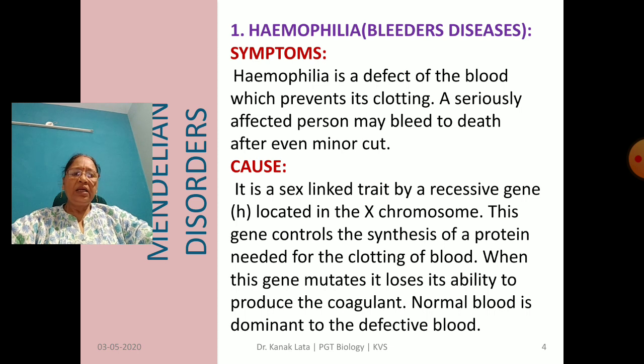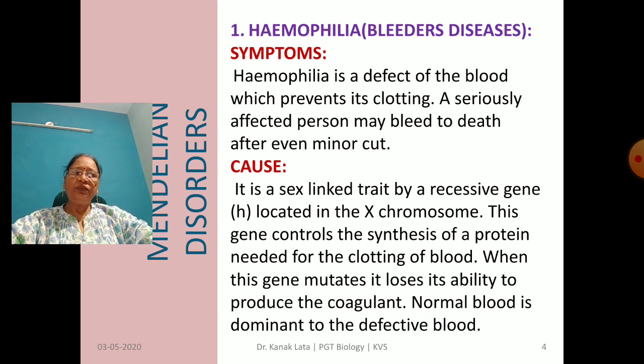caused by a recessive gene H present in the X chromosome. So, females are carrier. Why are they carrier? Because females have 2 X chromosomes. This H gene controls the synthesis of a protein thrombin needed for clotting of blood.